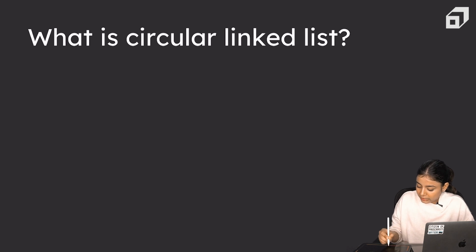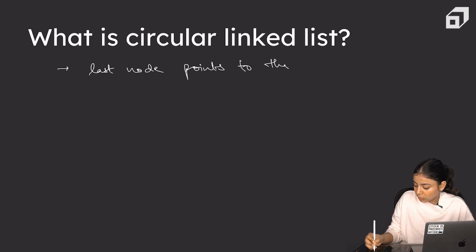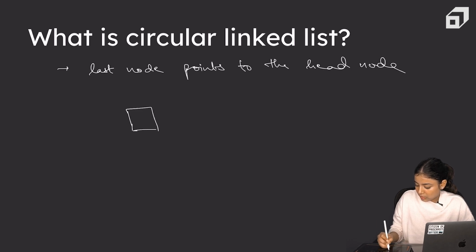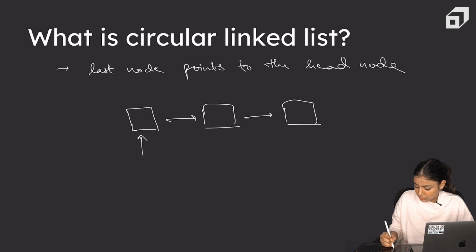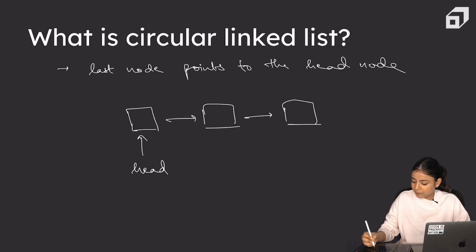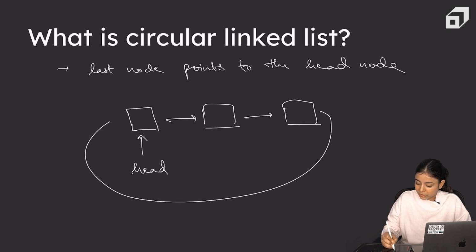A circular linked list is a linked list in which the last node points to the head node. Meaning, if I have a linked list like this, where the first node is the head node, if I make the last node's next point to my head node, then this becomes a circular linked list.